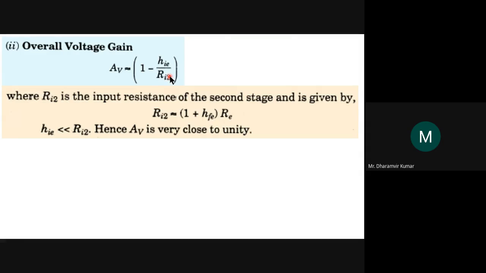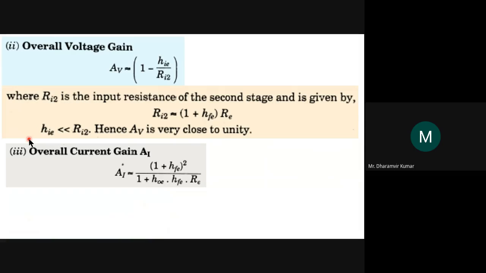So in the denominator it becomes around 10 to power 5, and input impedance would be some value, but usually very less as compared to 10 to power 5. By that logic we can say that generally Av, the voltage gain, would be a value that is very close to unity, very close to 1.